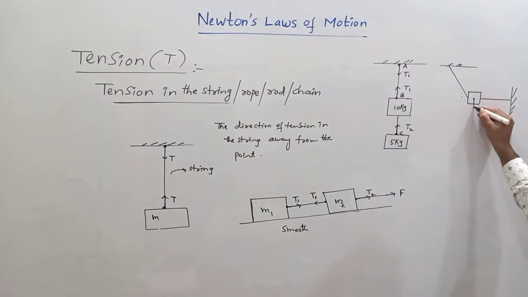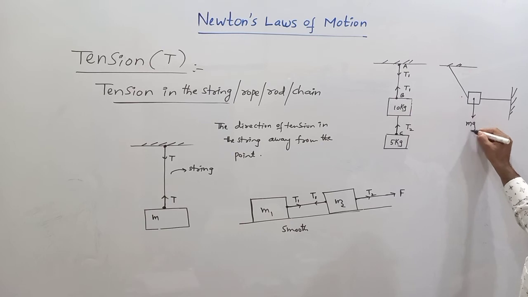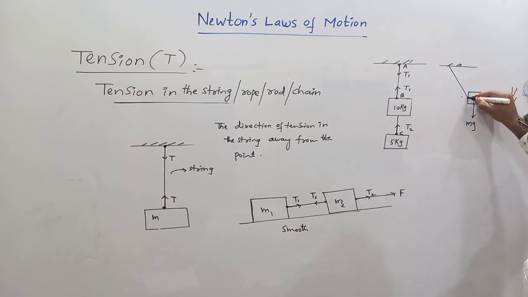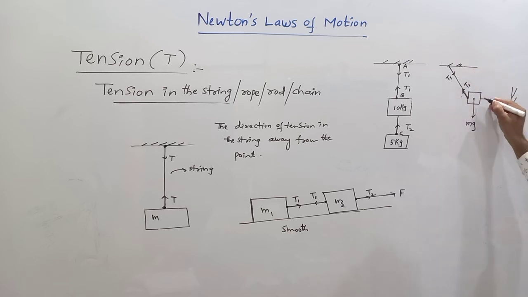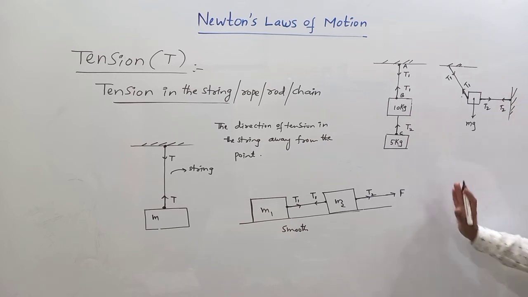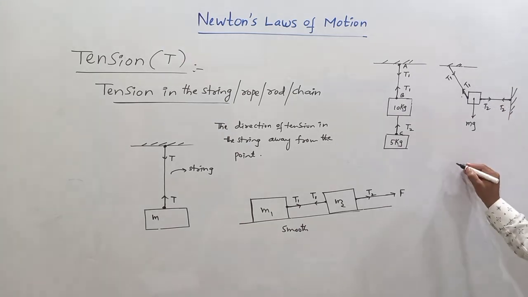Its weight acts vertically downward. I want the tension here. Tension is this side, and here tension this side. At this point tension is away, T2, and at this point T2 this side. This is the tension in the string.